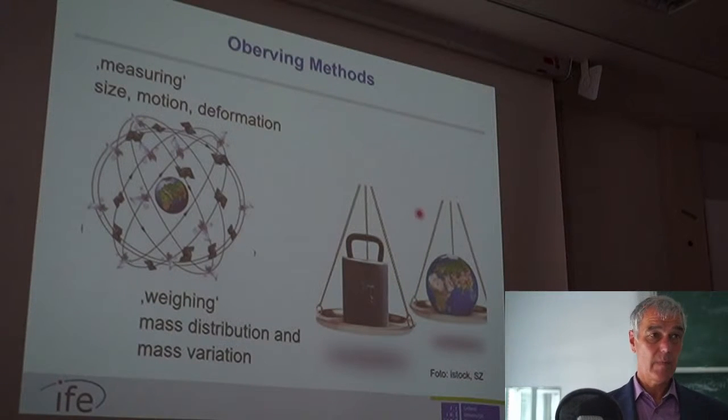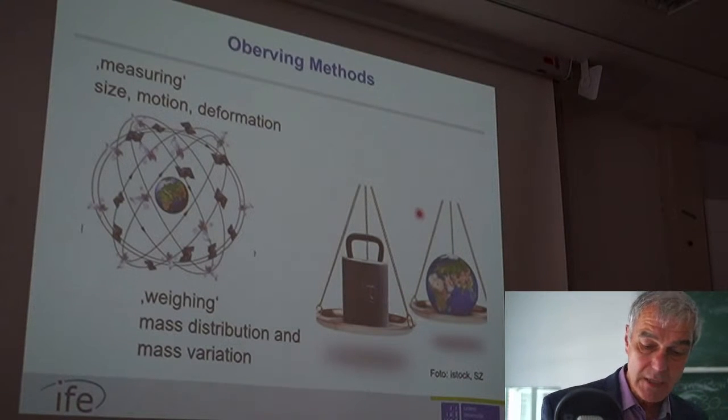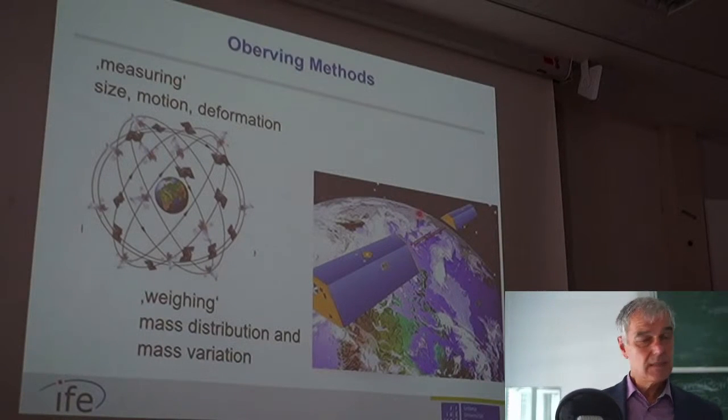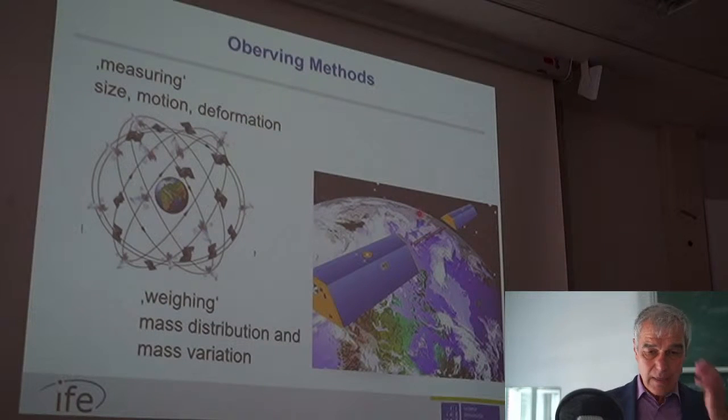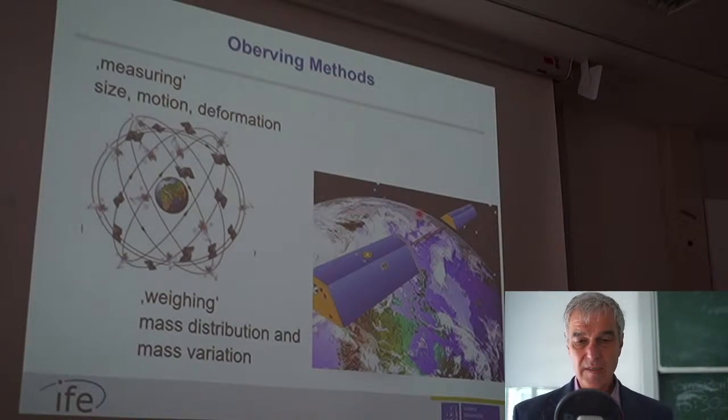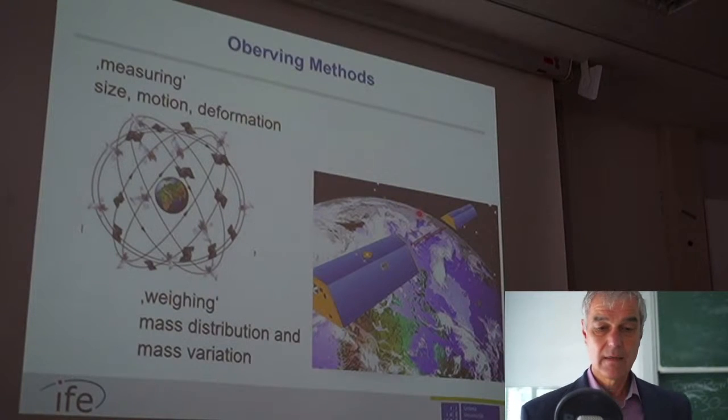And we do the same, but on a more scientific level. And similar, for weighing the Earth, for determining the gravity field variations, we also use dedicated satellite missions. And this is just one example. So these are our methods, and we have also different methods on the Earth surface.